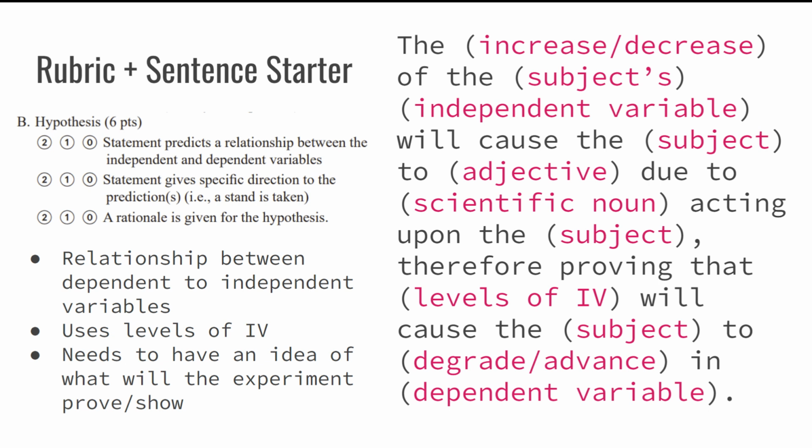That's our stand, talking about how it's going to go forward or away from our dependent variable. So how will our dependent variable be affected by our independent variable? Therefore, ending off our sentence as to degrade or advance in dependent variable, which we're going to see in this next slide.